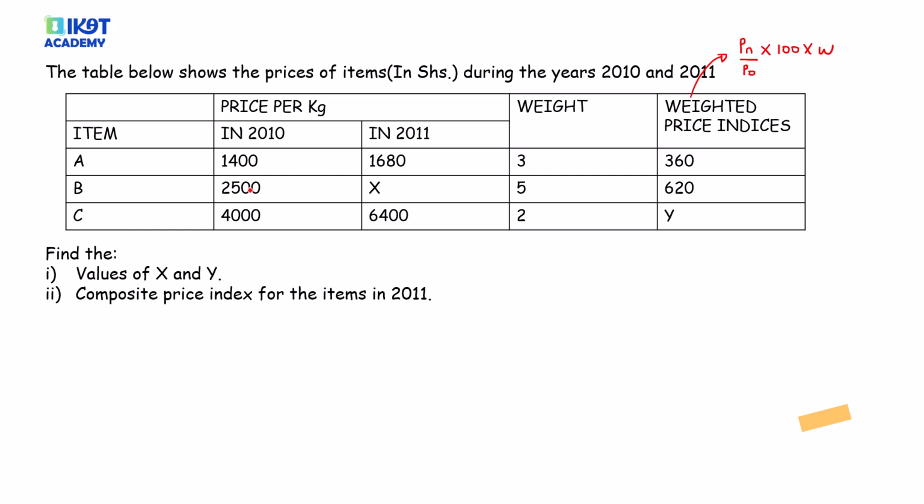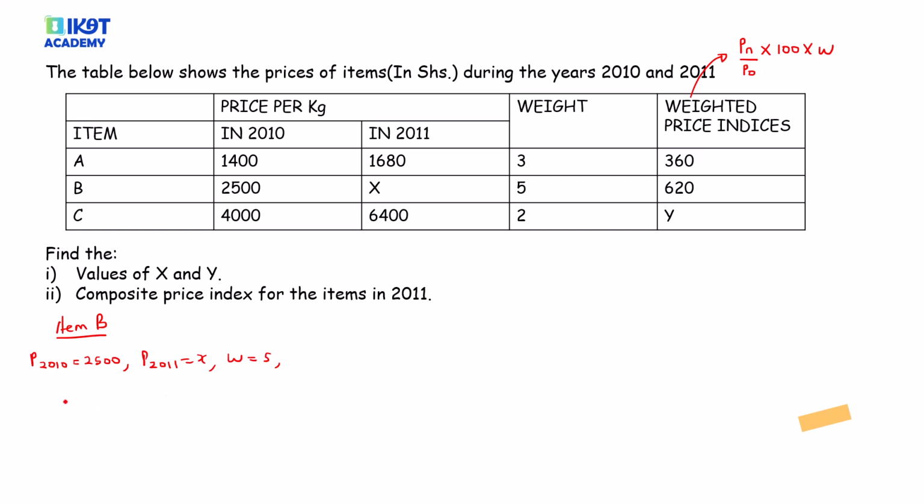Let's start from item B, because item A has no unknown. For item B, the price in 2010 is 2,500, the price in 2011 is X, the weight is 5, and the weighted price index is given.